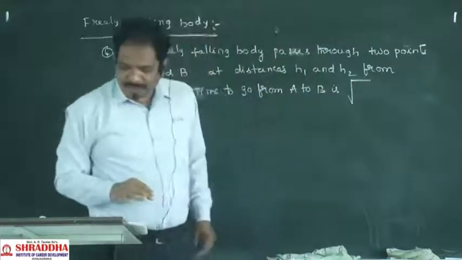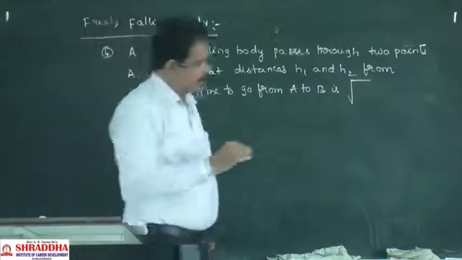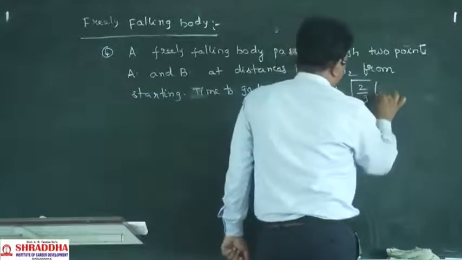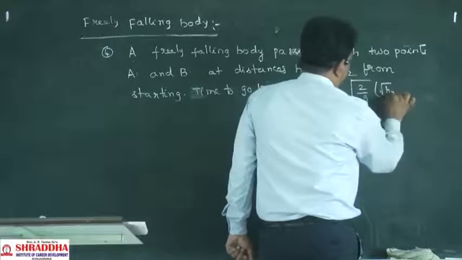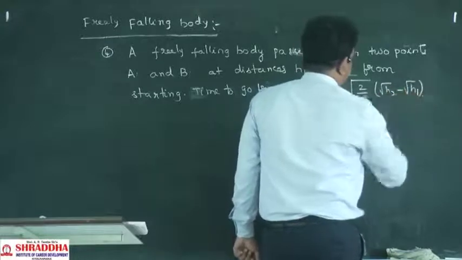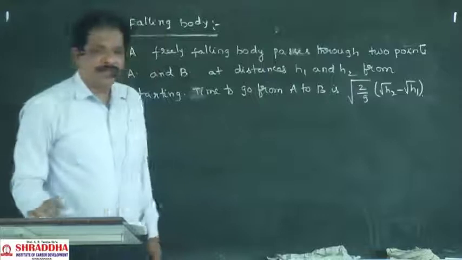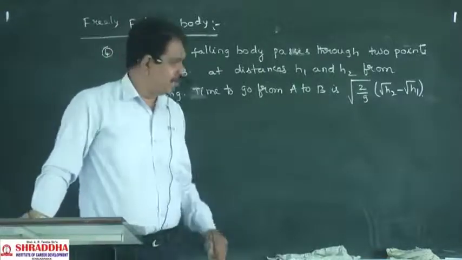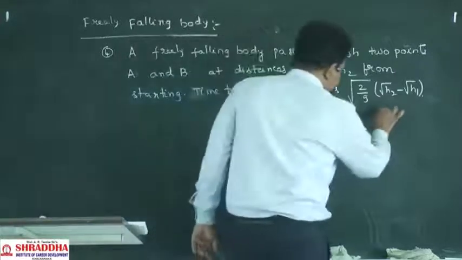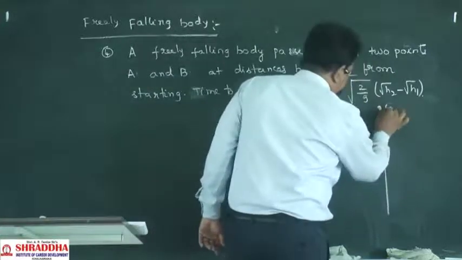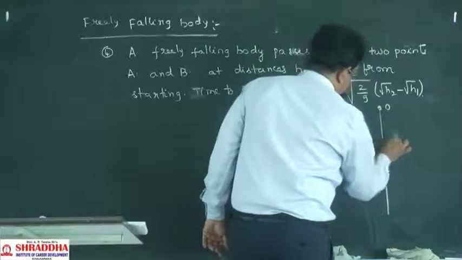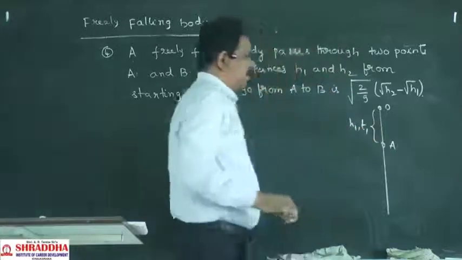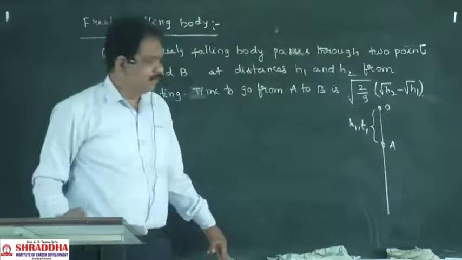root 2 by g into (root h2 minus root h1). Let this distance be h1, to come to it the time is t1.